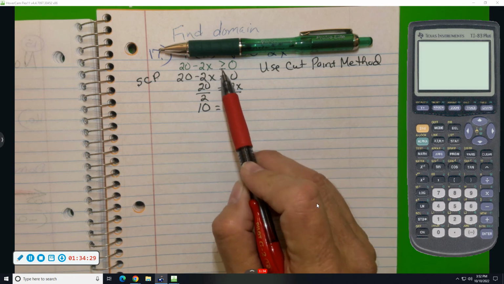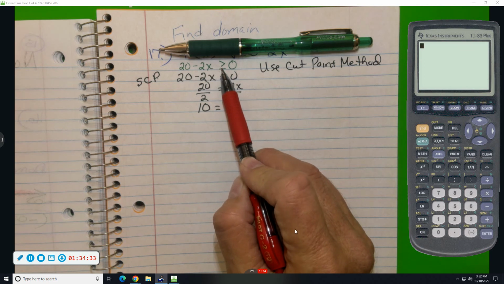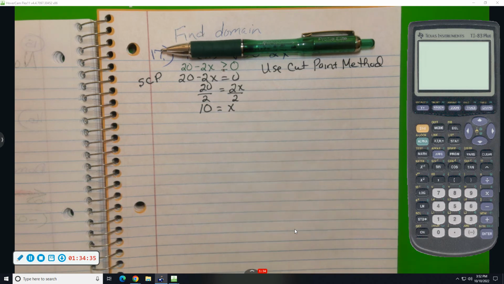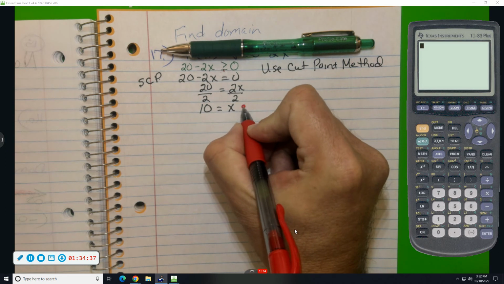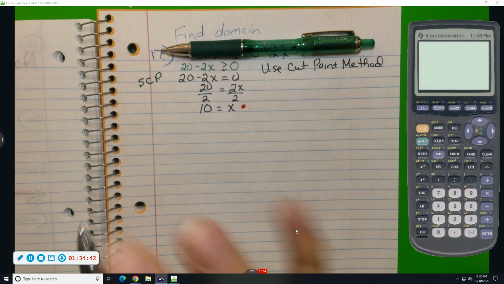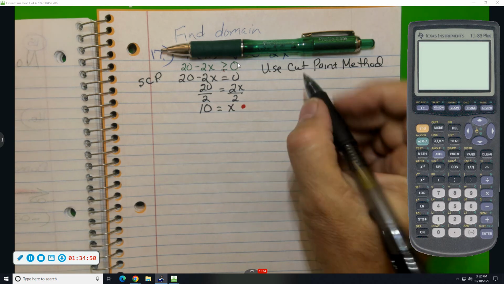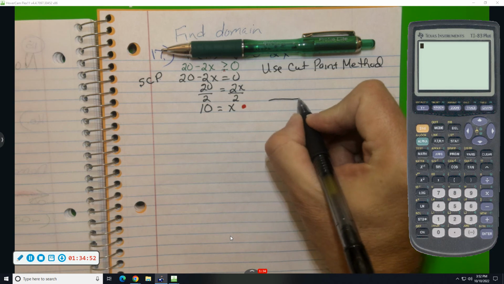Does anyone remember if there's an equal sign on it? Is it going to be an open or closed circle? Closed. It's the one that uses more ink. Okay? So, again, y'all didn't have any cut point problems where there's only one cut point. So this one's easier than any of the other cut point problems y'all have done.